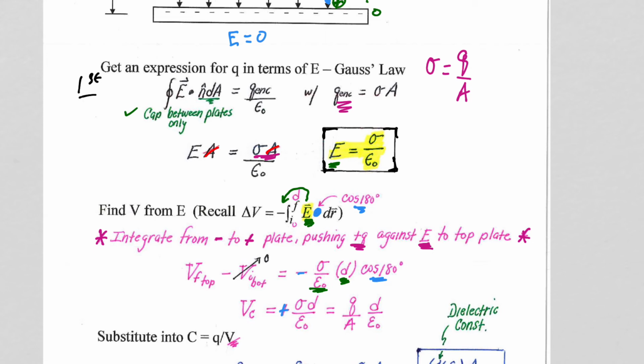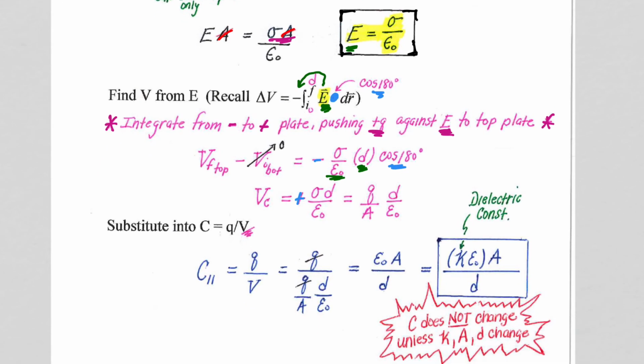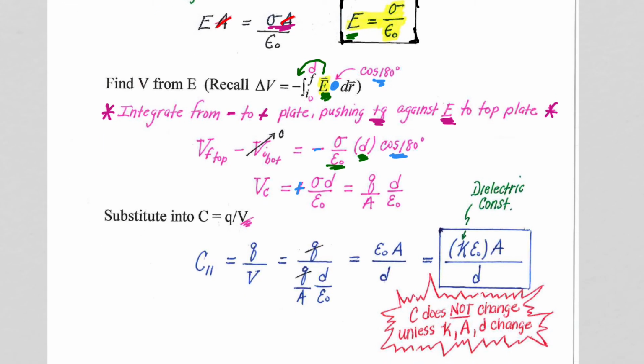And actually, we're going to go back and put the Q back in. Anytime we do these derivations for capacitance, we want to put our voltage back in terms of the Q's, because we are going to take this voltage value and plug it in for the V in our definition for capacitance.